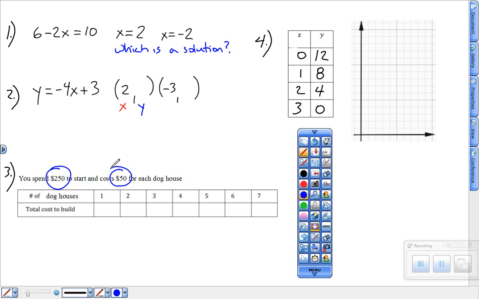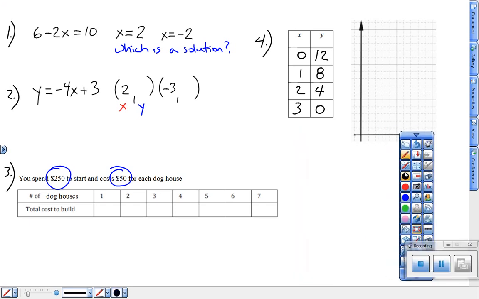And then I'd like you to take these and write these as ordered pairs for x and y, and plot them. Ordered pairs are always x, y. I want you to know that this is the x-axis, this is the y-axis.